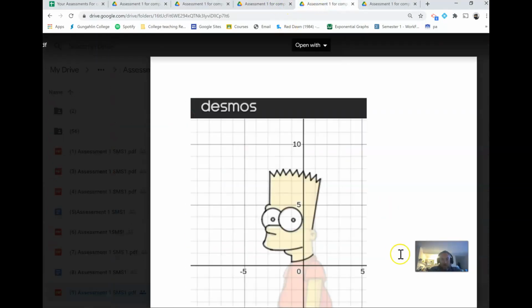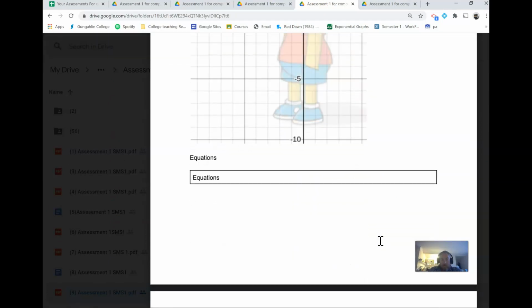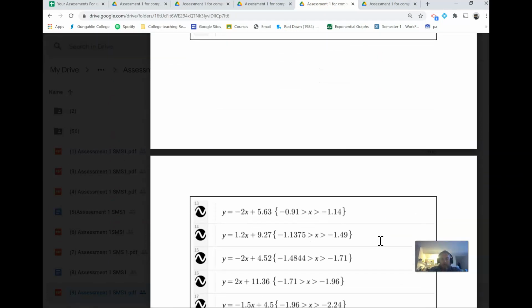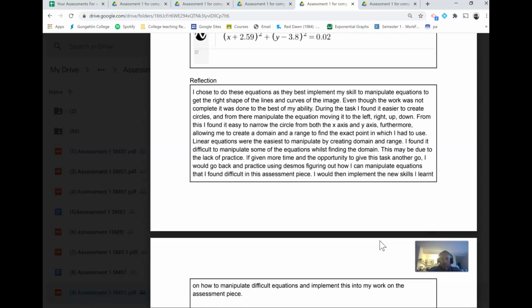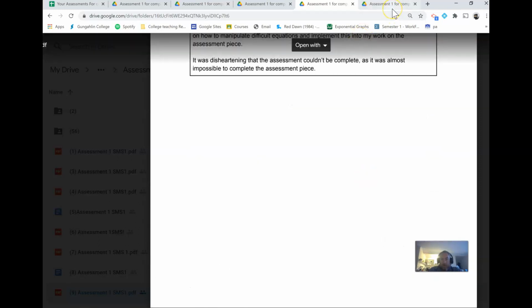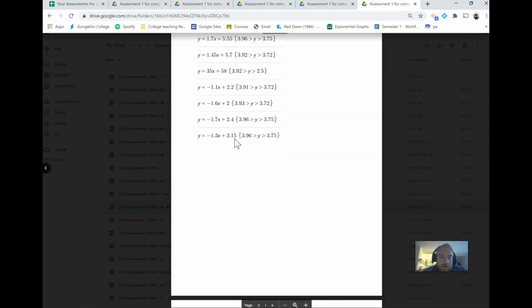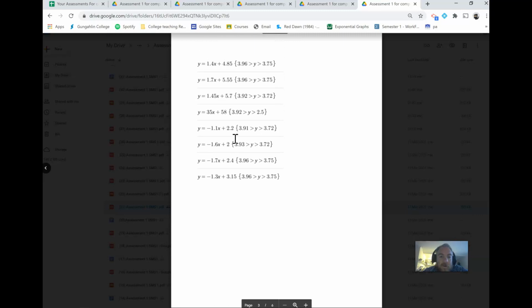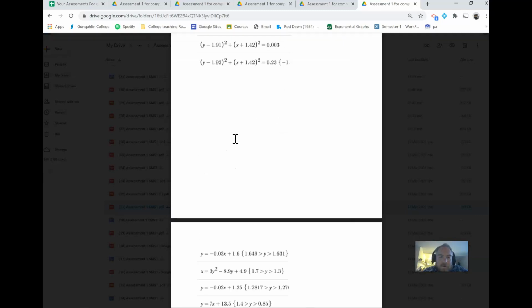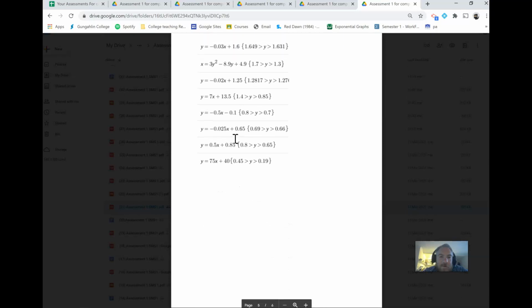Okay, next we've got Bart. This is the Bart before, cool. And then another Bart, cool. And this is a quality job as well. A lot of straight lines, then into the circles. They've done the parabola, set it equal to x, which is good.